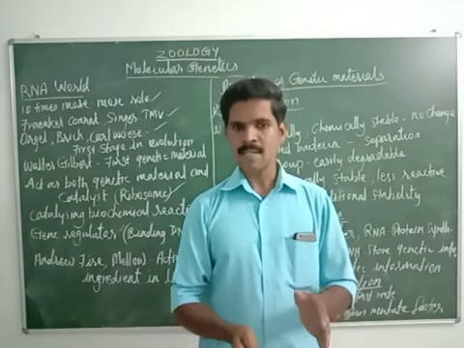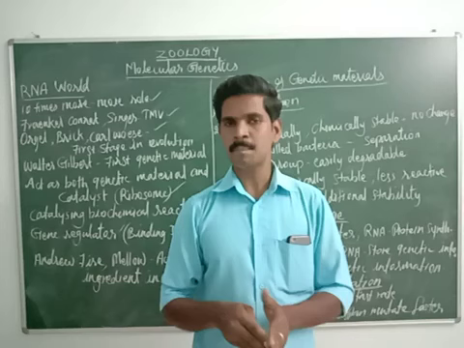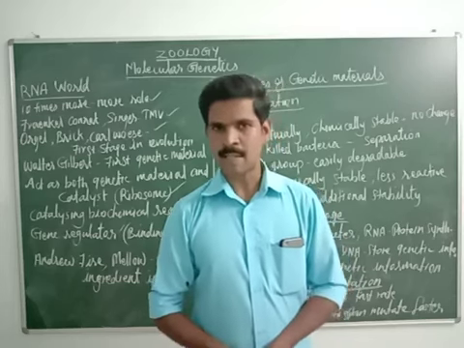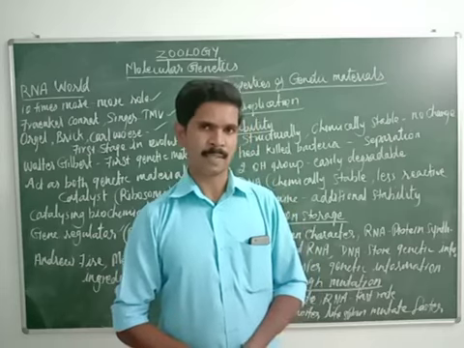Then Hershey and Chase also proved with evidence that DNA is the genetic material in living organisms. But in some viruses, like the tobacco mosaic virus I told you about, the RNA molecule acts as the genetic material.